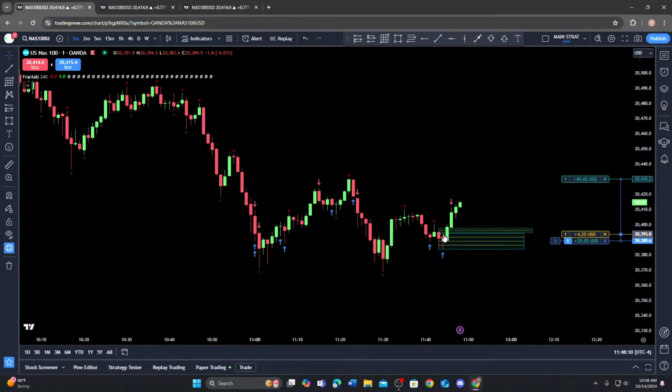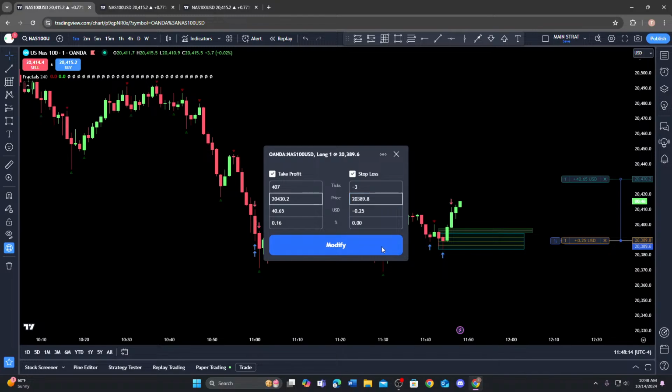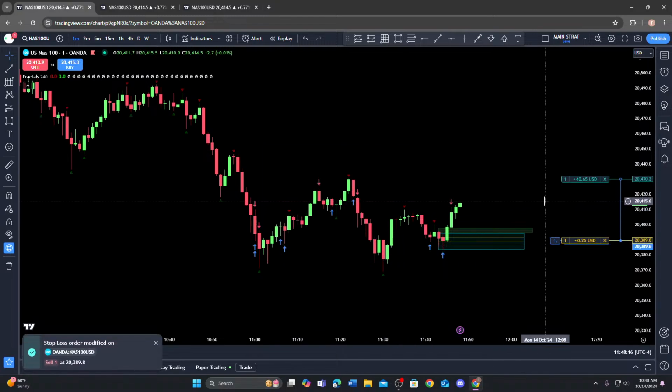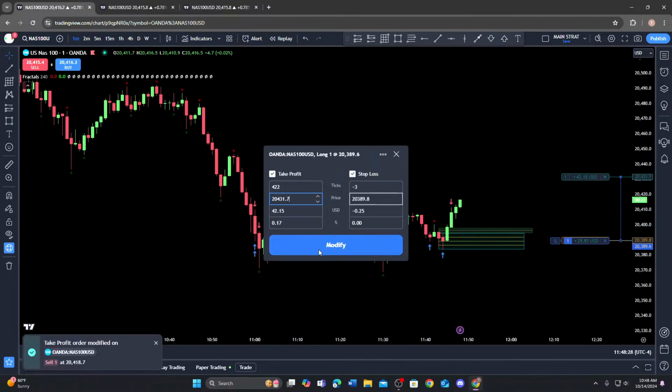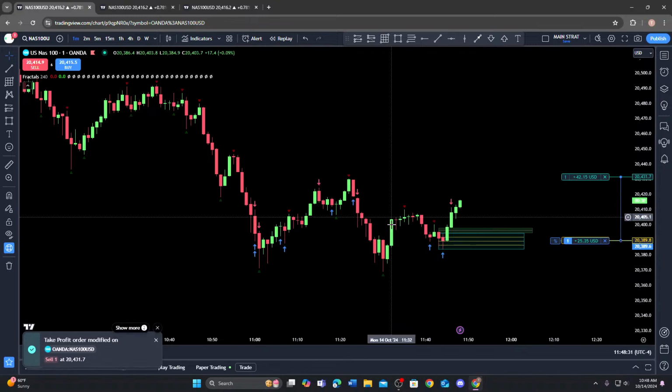I'm going to move my stop loss to break even. And then we'll see if it just moves. Actually, I think I'm going to take my full position off here. No. Yeah, I'm second guessing myself now.